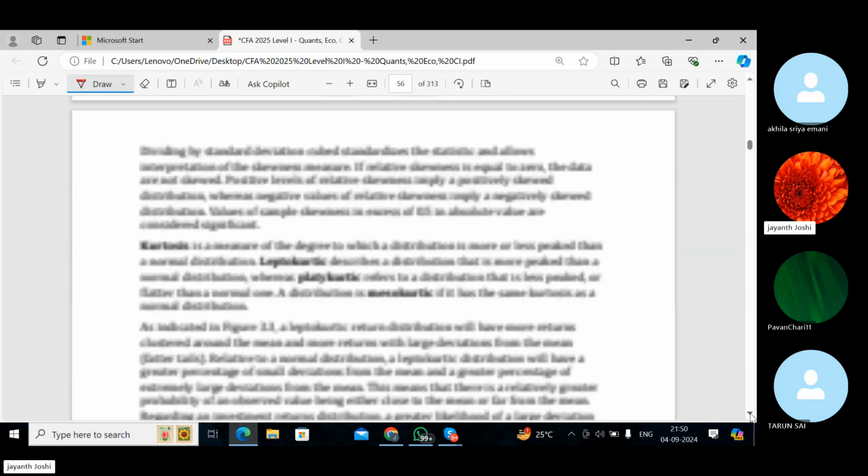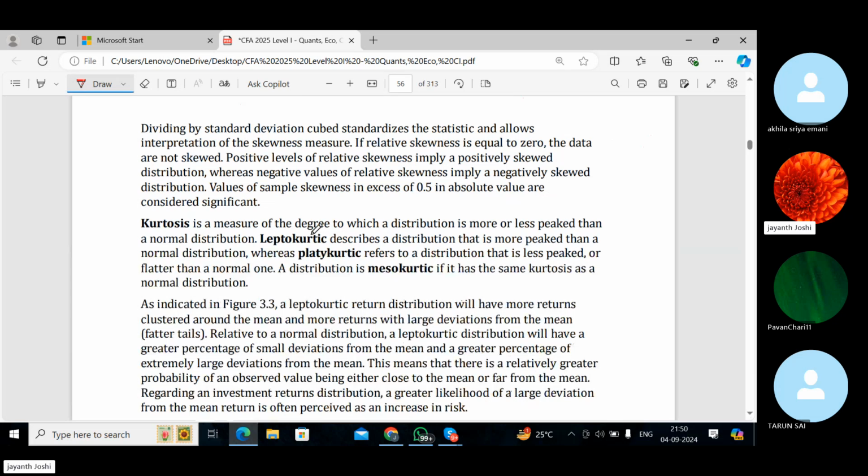And kurtosis is the measure of the degree to which a distribution is more or less peaked than a normal distribution. That's what we saw: how the shape of the normal distribution curve behaves. Either it is very much peaked, or it is flat, or it is exactly going with the normal distribution.